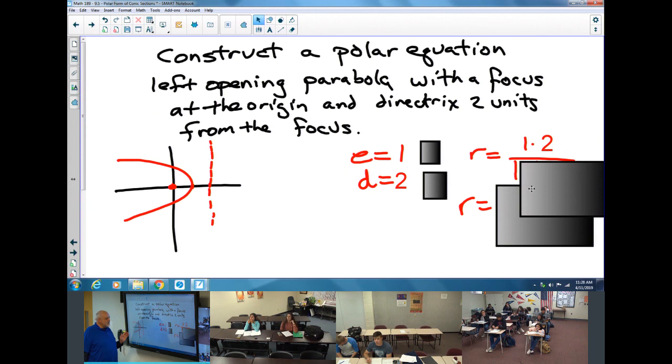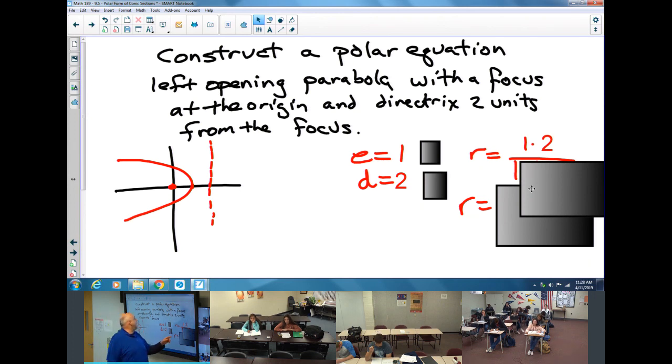Coming back the other way, what's the equation of this vertical line right here? What would be the equation of the directrix as I've graphed it? It's a vertical line, so it's x equals, and it's plus 2.